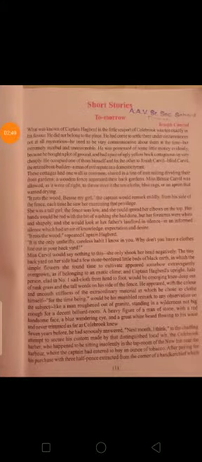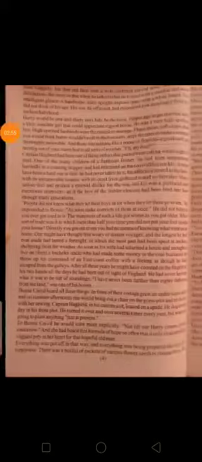Let me brief you before the beginning of the chapter about the central character and the title. What do you understand by the title here, Tomorrow?